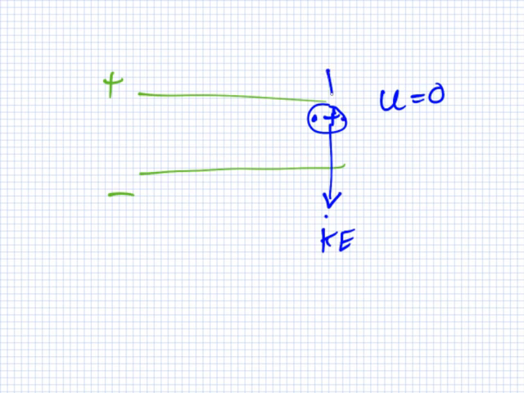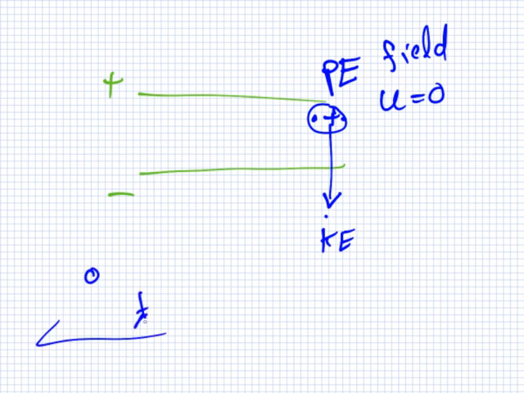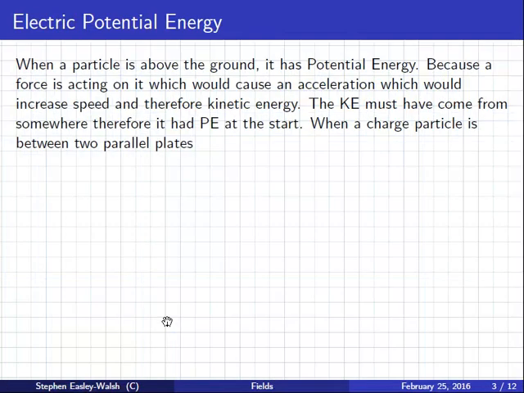So it must have had potential energy from the field. The electric field must be providing it with potential energy so that it can have kinetic energy later. For the same reason, a ball above the ground has potential energy because later it will have kinetic energy. So we understand the idea, I hope.